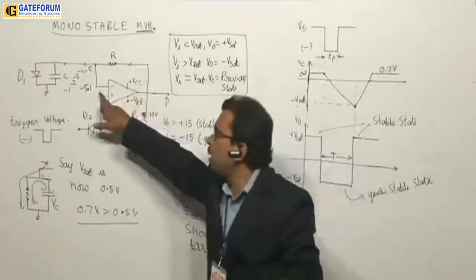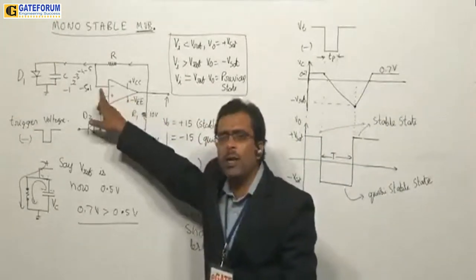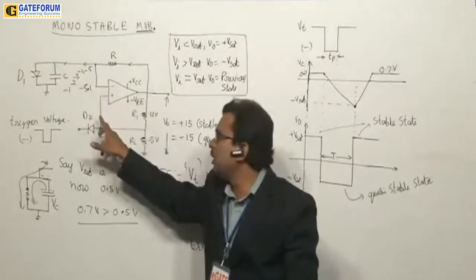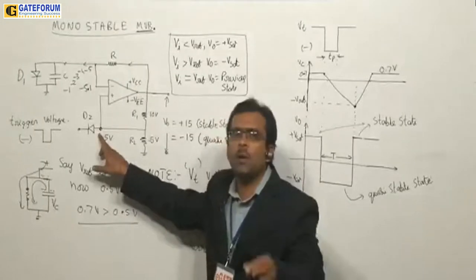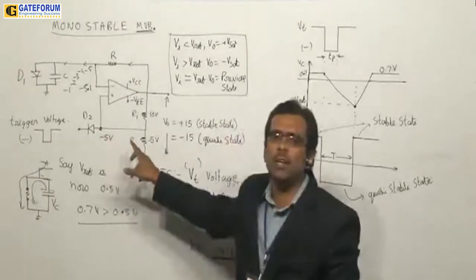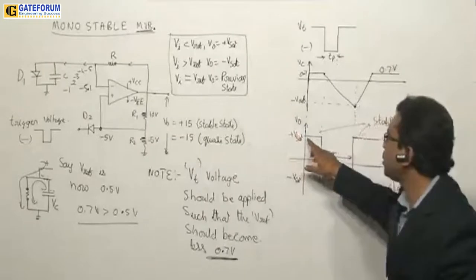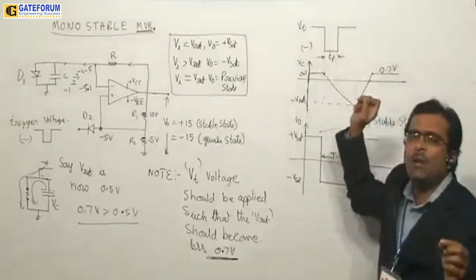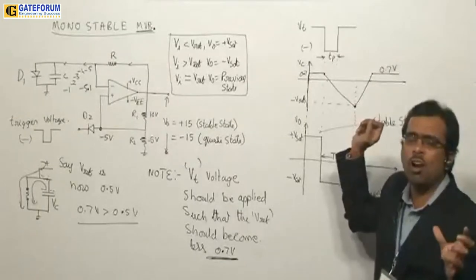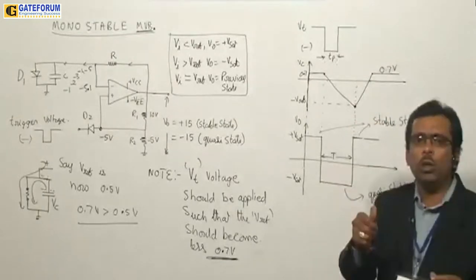At this situation, the voltage at the negative input terminal will be fixed to 0.7 and this will be fixed to plus 5 volts. At that situation, the input will always be less than the reference, so the output remains in plus Vsat. You can see here, the moment I give the trigger, the trigger should be given only for a short interval of time. You should not increase it.